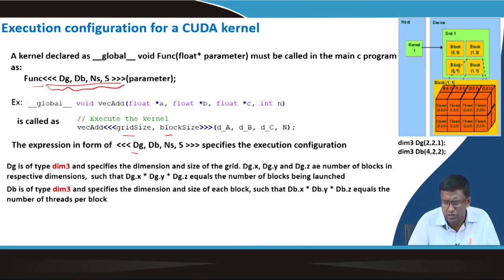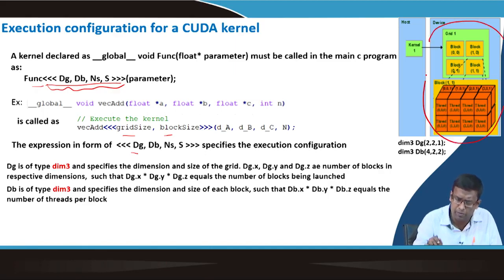So, there will be 4 threads in x, 2 threads in y, and 2 threads in the z dimension. Once we declare this dim3 Dg and Db value and pass them, this particular grid and block arrangement will be passed to the kernel.